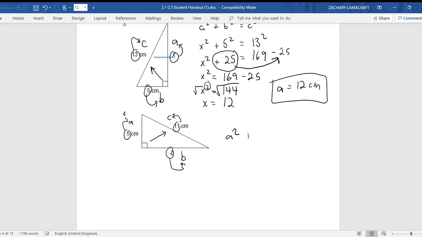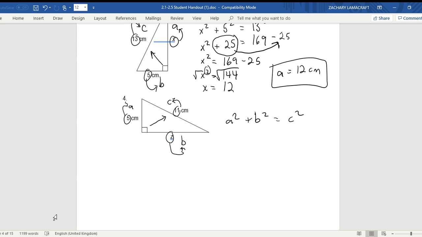So A squared plus B squared equals C squared. And then we would have 5 into the A spot, so 5 squared, plus Z into the B spot, so Z squared, equals 11 squared.